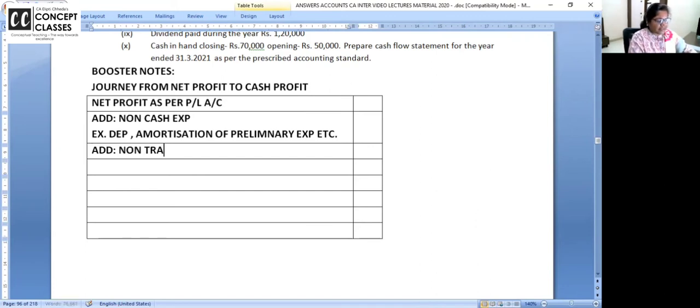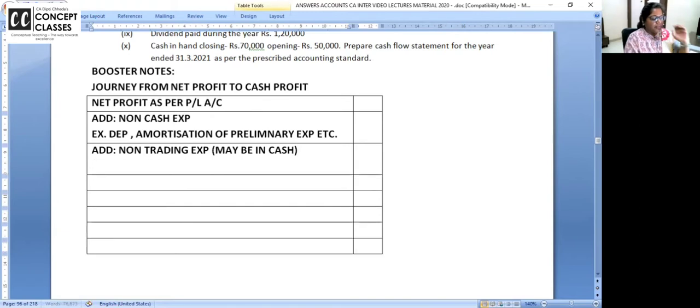Right? Now, add non-trading expense. Non-trading expense, bracket में I'm writing maybe in cash. Expense है, but business से related expense नहीं है. For example, debenture interest paid, dividend paid to preference shareholders and equity shareholders and all.